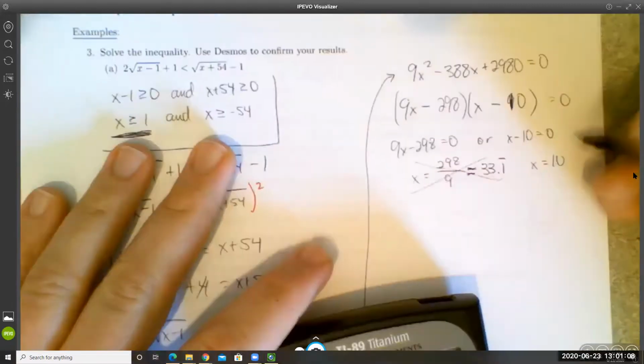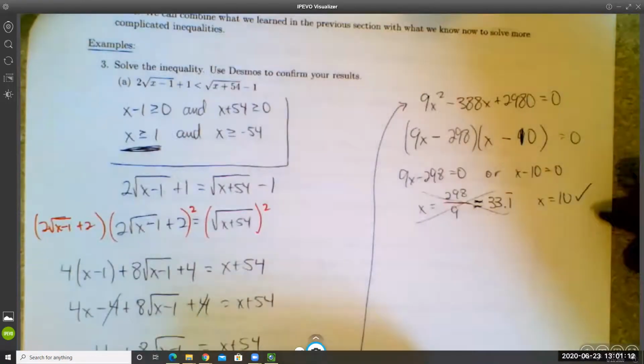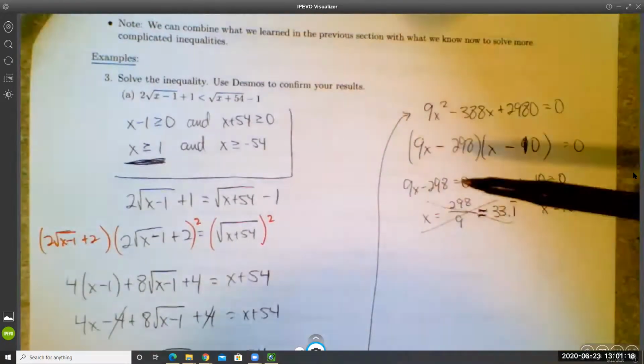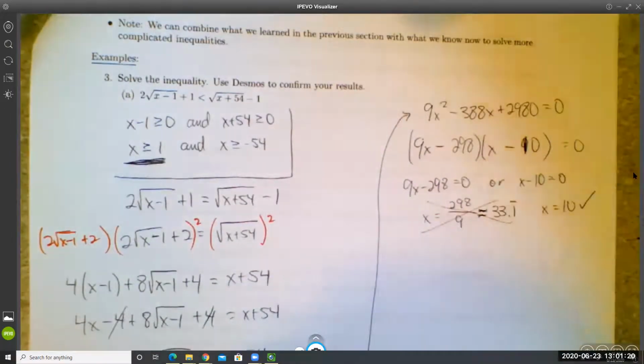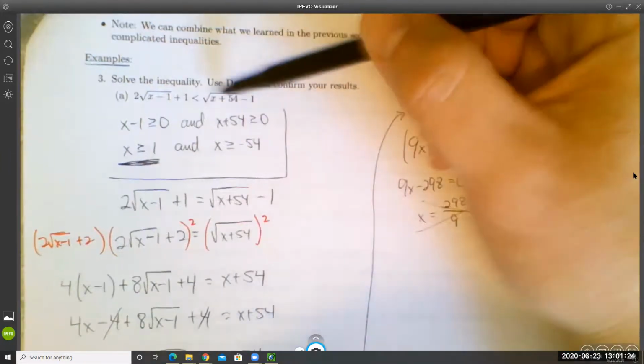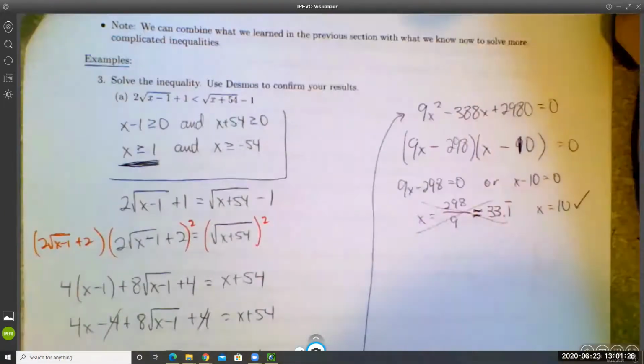So x equals 10 works, right? That's actually a solution. So x equals 10 is the only place where these two expressions are going to cross paths, I guess you could say.